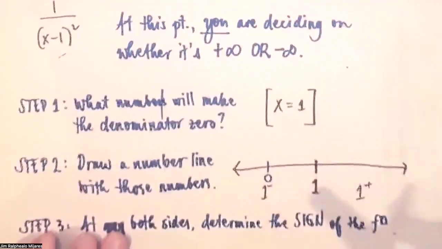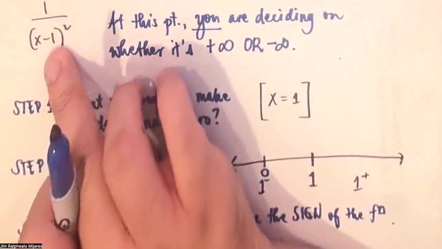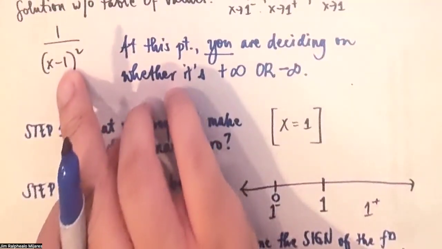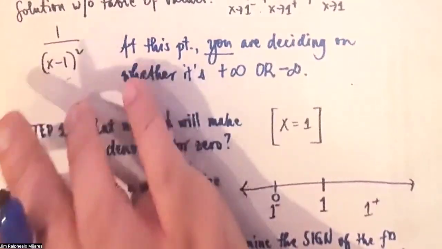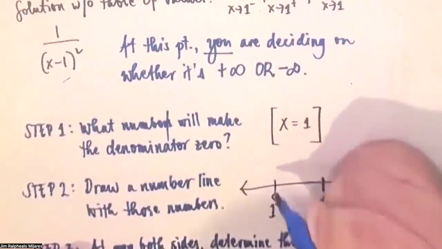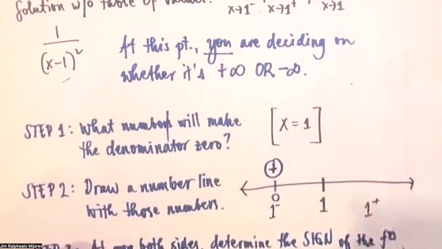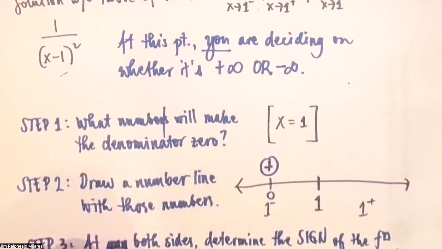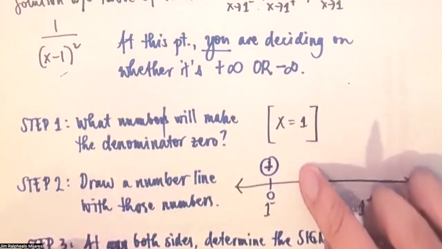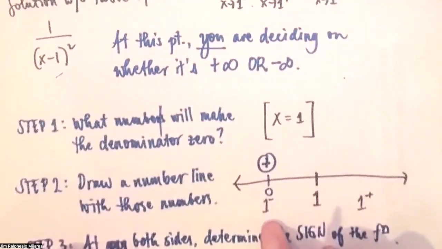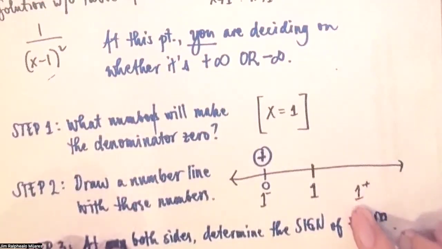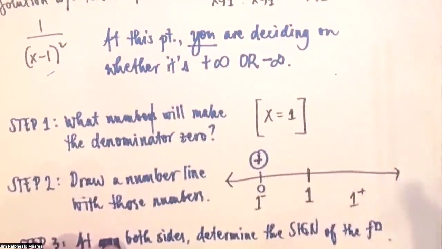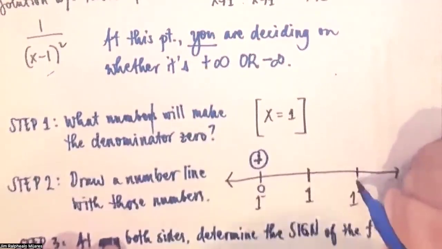Now, if you substitute 0 in this function right here, you're going to get 1 over (0 minus 1) squared. You're going to get a positive number. So that means that the limit as x approaches 1 from the left would be positive infinity. On the other hand, to the right of 1, let's say 2.